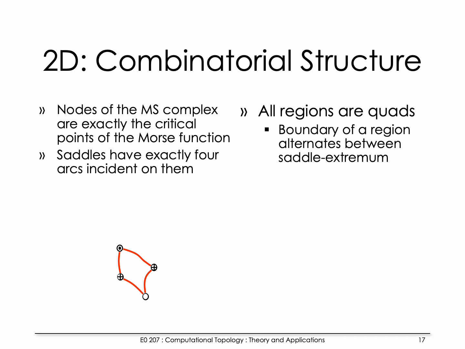We know that the boundary of any two-dimensional cell alternates between an extremum and a saddle. This follows from simple combinatorics. You start from a minimum and you follow one of the arcs.